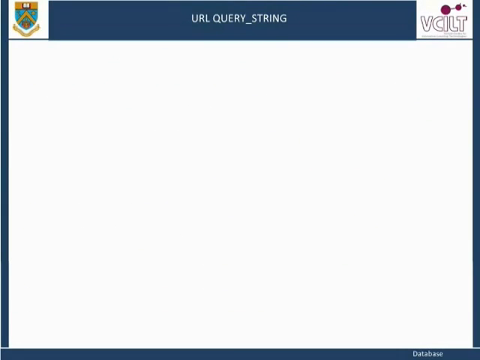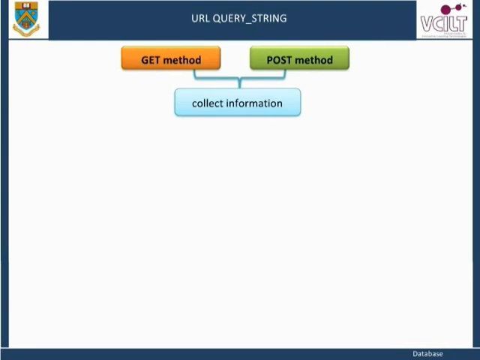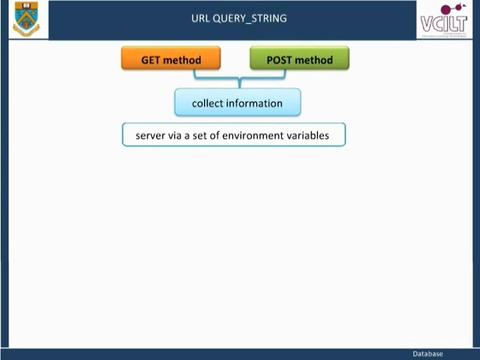Two basic methods offered by CGI to pass information between client and server are the get method and post method. These methods can collect information for the server via a set of environment variables. By using this method together with the environment variable, query string, the server is able to find out the user's identity at login time and keep track of it thereafter.